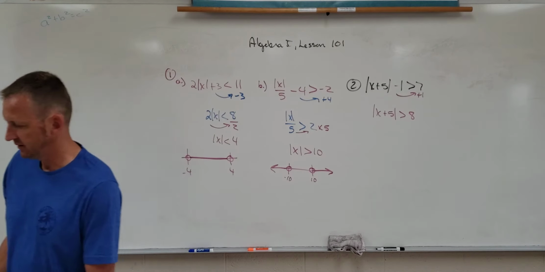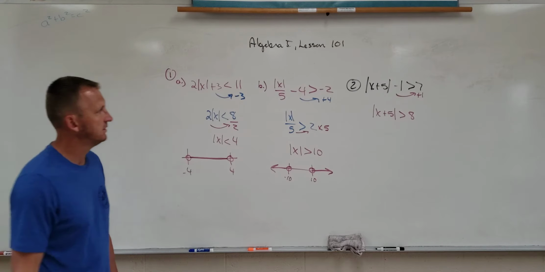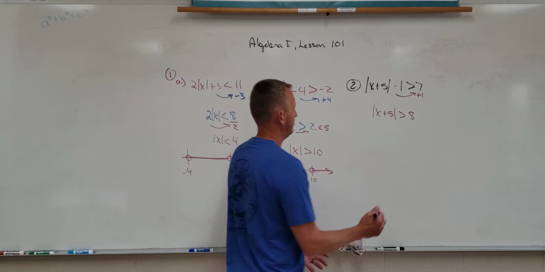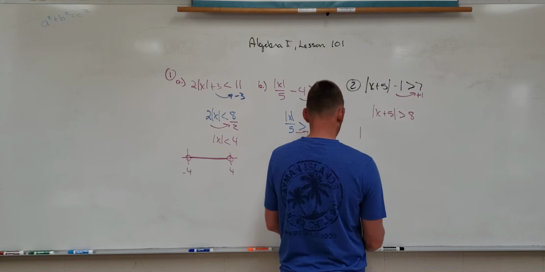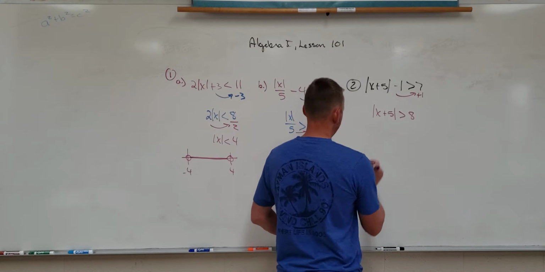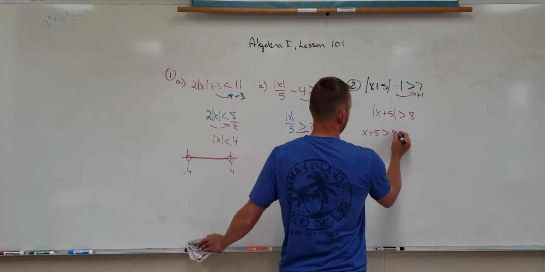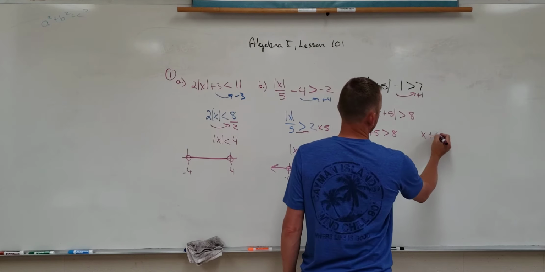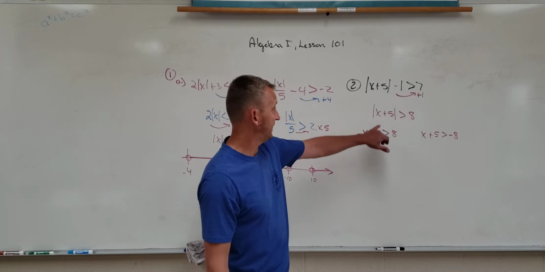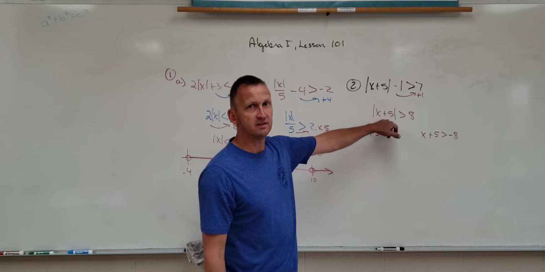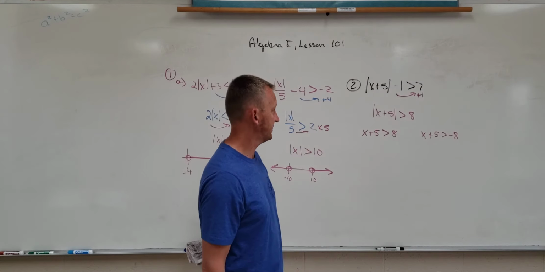All right, so that's where we start. Now, keep in mind, I'm going to set it up to where we have x plus 5 is greater than 8, and x plus 5 is less than a negative 8. Because remember, we can have a negative or positive inside our absolute value sign. So that's how we have to set it up.